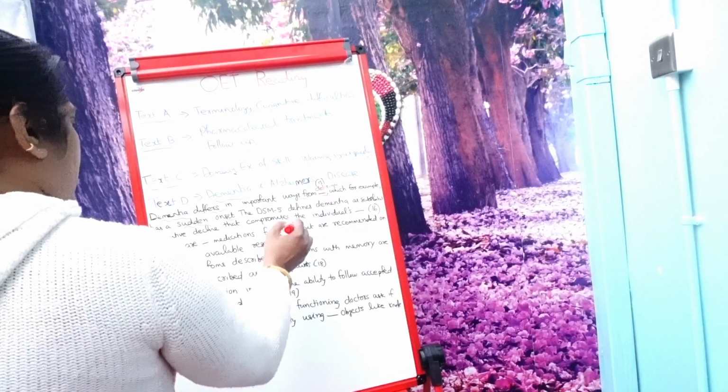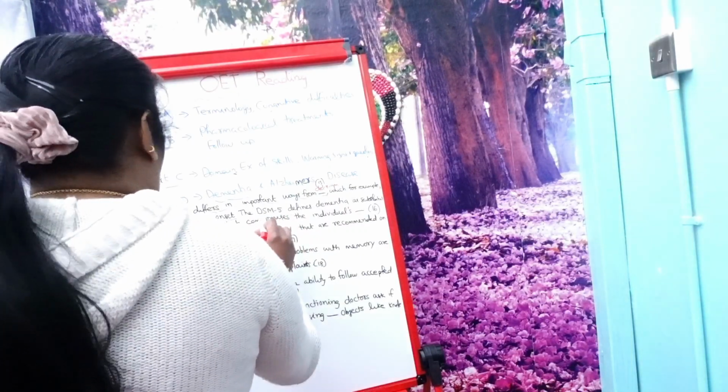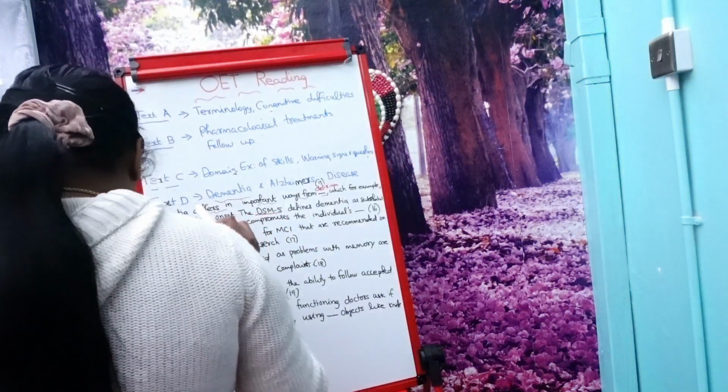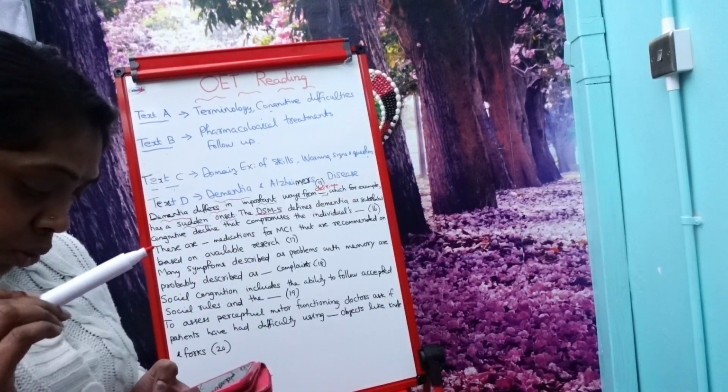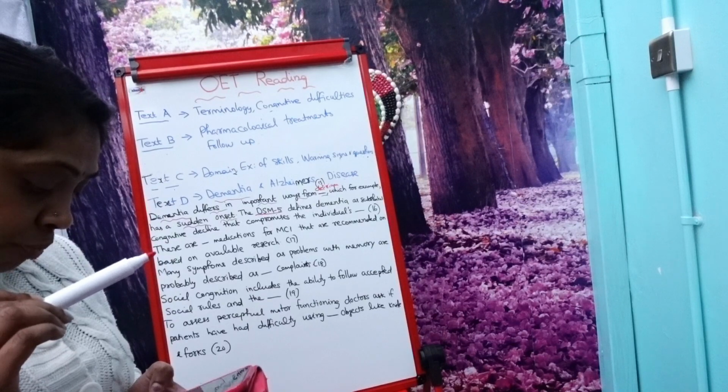So next one, the DSM-5. What is DSM-5? Like I have said, DSM-5 is the Diagnostic and Statistical Manual of Mental Disorders.